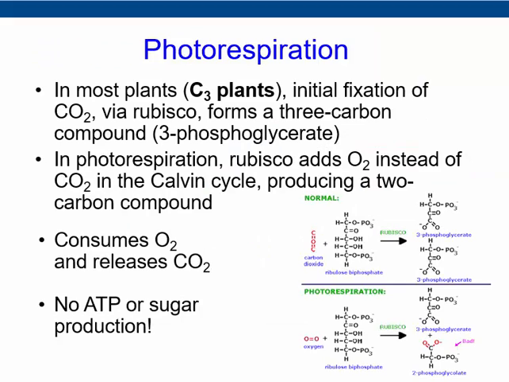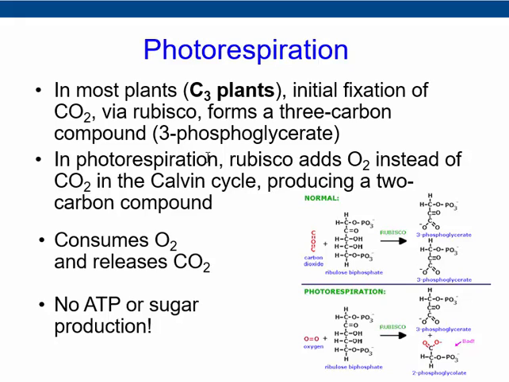And so in C3 plants, that's what we've been talking about so far. Why are they called C3? Because in that Calvin cycle, we were building that 3-carbon compound, right? Remember that? So that initial fixation of carbon, we build that 3-carbon compound, phosphoglycerate, PGA, in that first step.